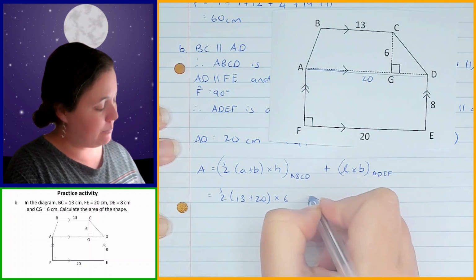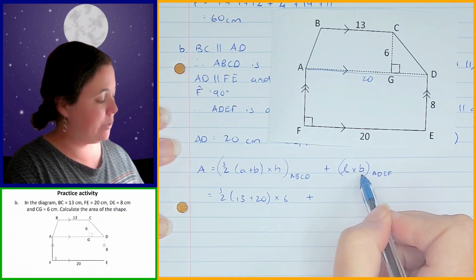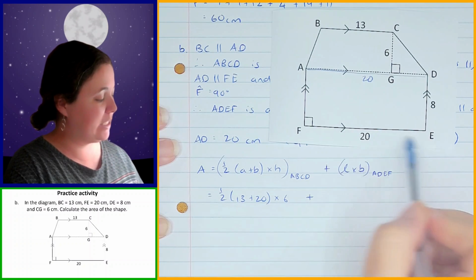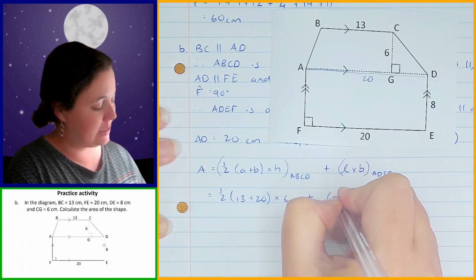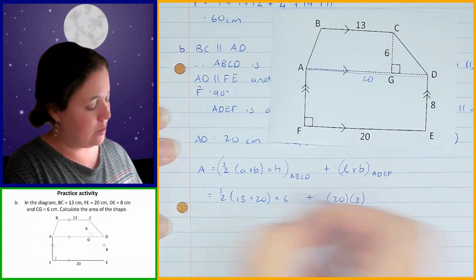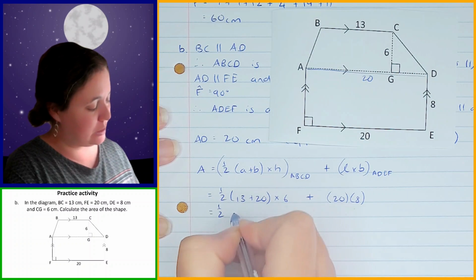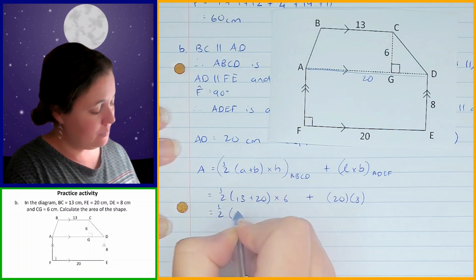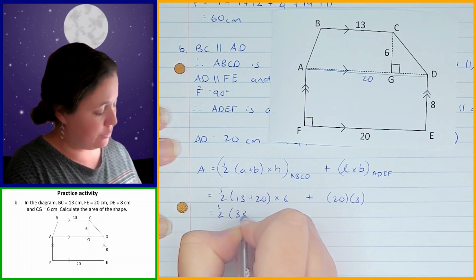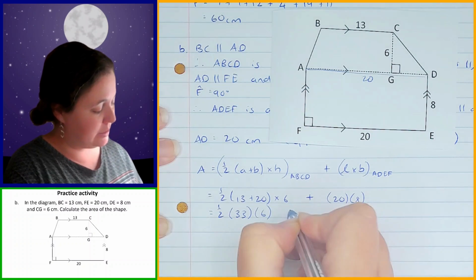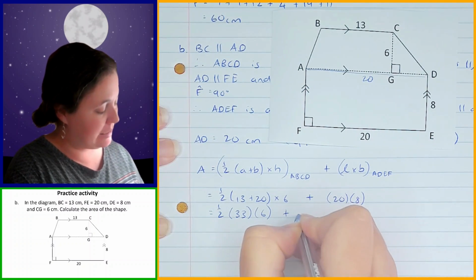Plus the length and breadth of ADEF are 20 and 8, so it's 20 times 8. Right, so now we can go and work this out. So I've got half, then 13 plus 20 is 33 times 6, plus 20 times 8 is 160.